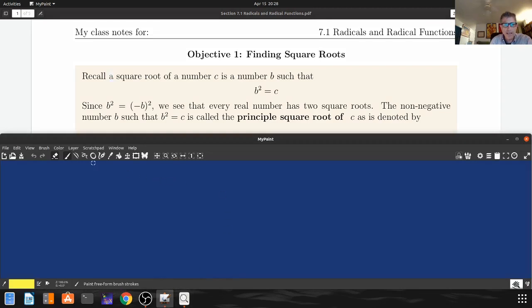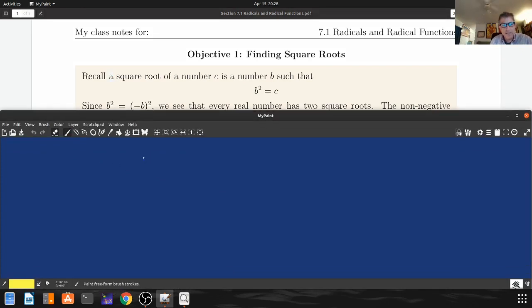And "a" was carefully chosen because that's called an indefinite article rather than "the," which is a definite article. So let's find a square root of 25.